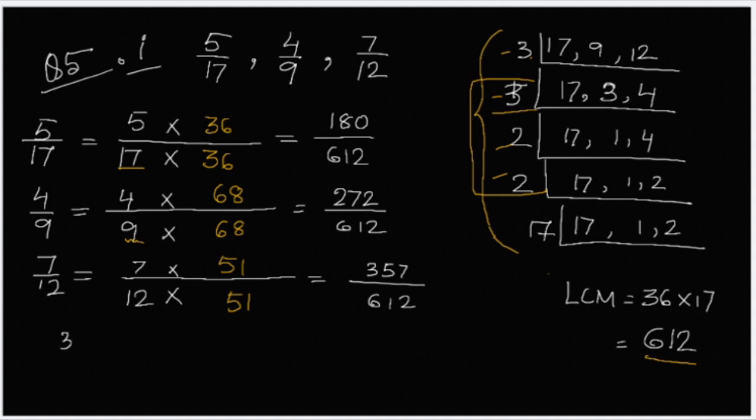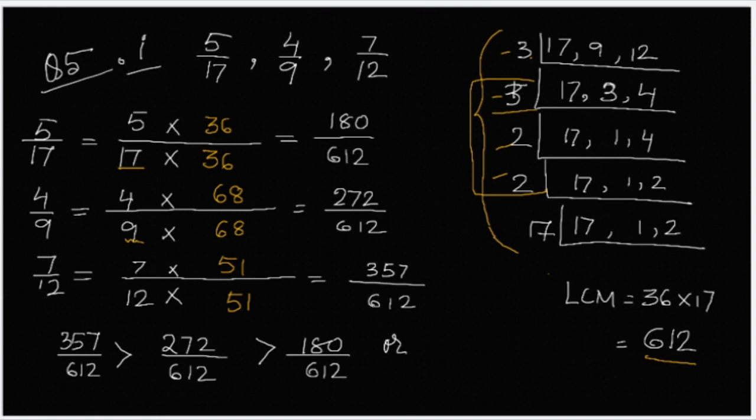So you know that 357 by 612 is greater than 272 divided by 612, which is greater than 180 divided by 612. Or you can write, instead of 357, you will write 7 by 12 is greater than 4 by 9 is greater than 5 by 17.